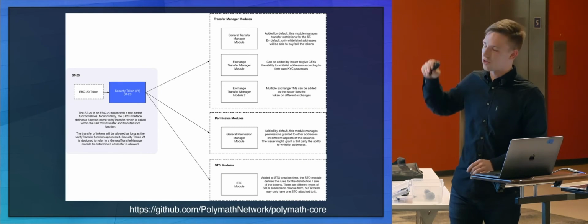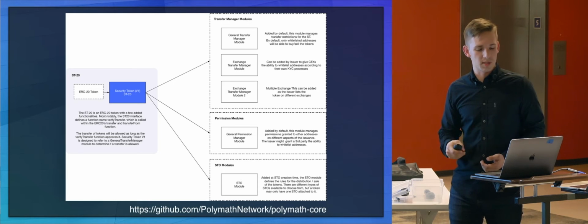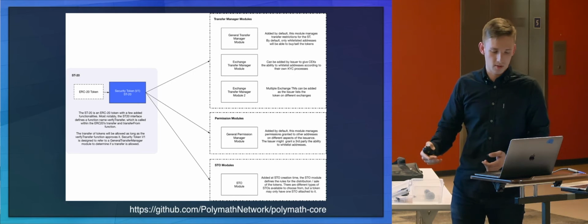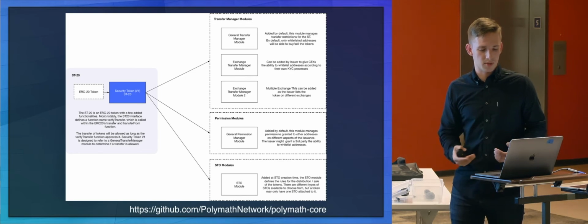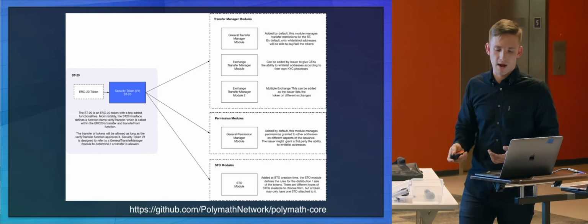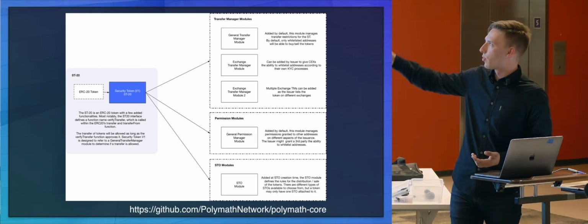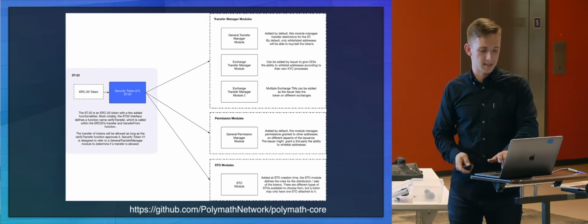Specifically, the transfer manager modules. So ST20 allows multiple transfer manager modules to be attached to it to control the logic of token transfers. For example, a single token could have several whitelists with their own separate criteria for how an address can be added. And you could manage those whitelists in multiple transfer manager module instances.